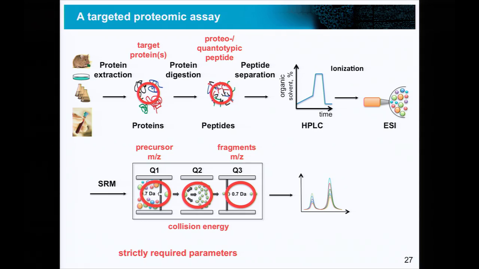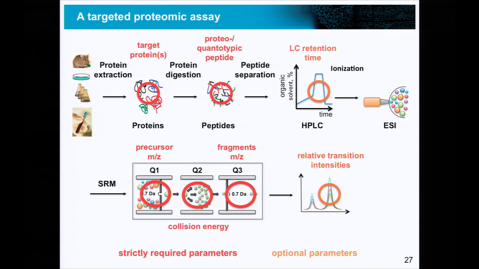Nevertheless, there are two more parameters that we also store in our SRM assays, which are not strictly required, but optional. One of these is the peptide retention time. This is not necessary if you do non-scheduled SRM. However, the moment you want to do scheduled SRM, it becomes a strictly required parameter as well. And the last parameter that we also store in every assay is the relative transition intensities.